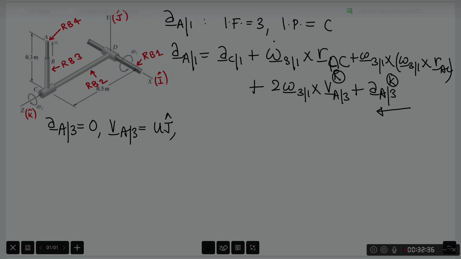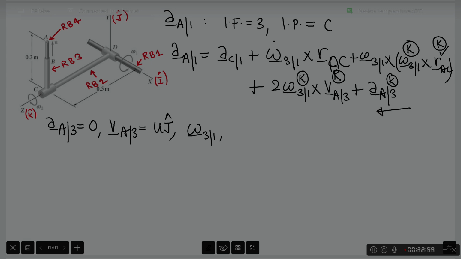Is omega 31 known? Yes, omega 31 is known. I calculated it on my previous slide while I was using the velocity transfer relationship. So this is also a known quantity. Is RAC known? Yes, previous slide.